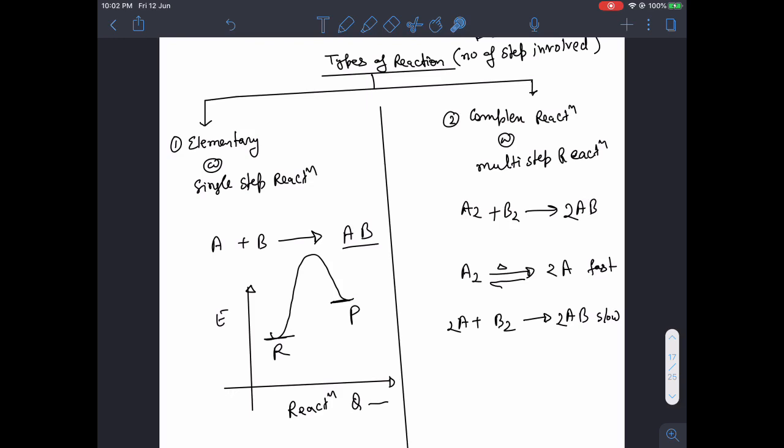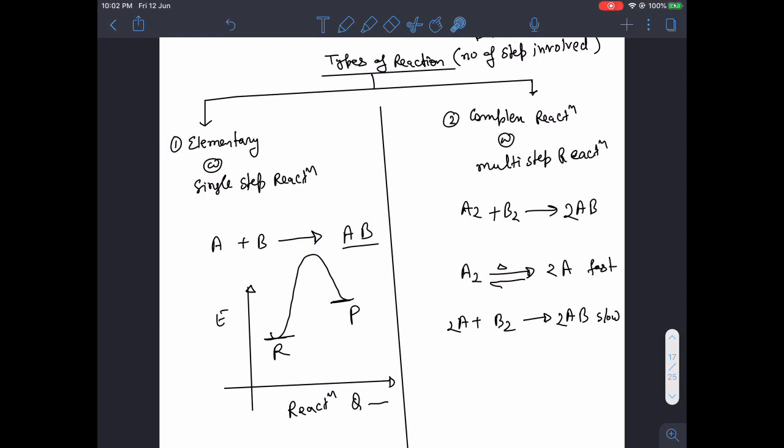At this maximum energy state, as I told you in the last video also, if you measure from the reactants level, this is nothing but the activation energy for the forward reaction, right? And at this particular point of the reaction, the hypothetical complex which is generated is said to be the activated state of the molecule.